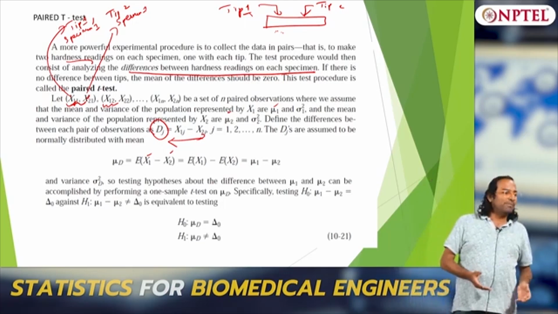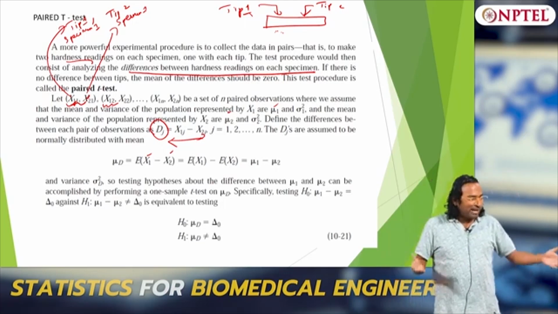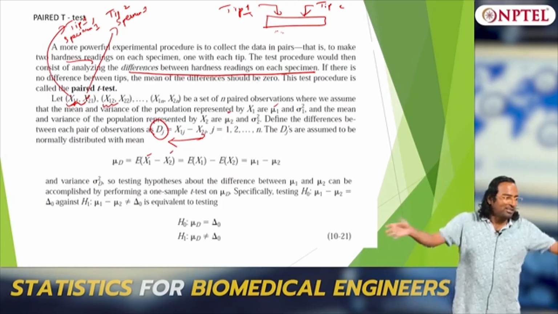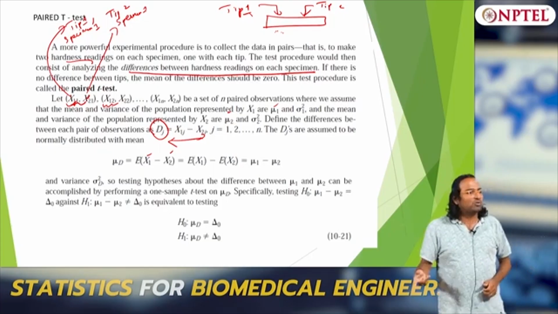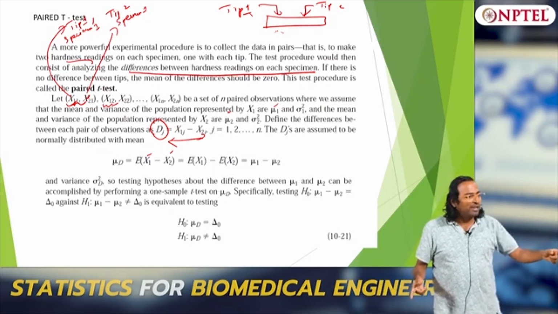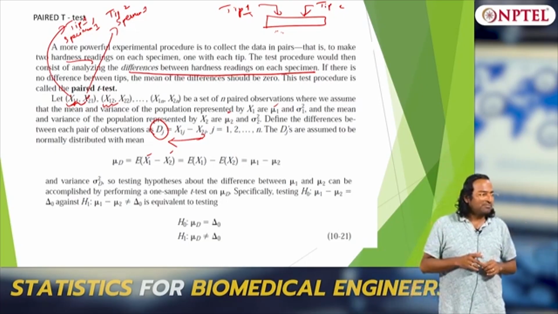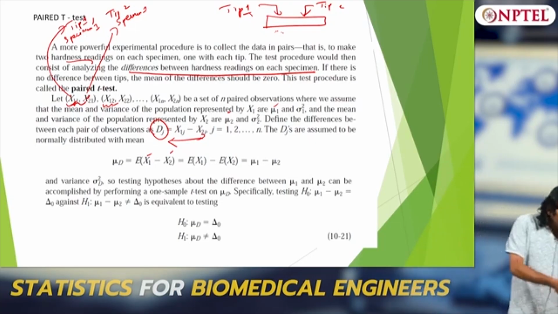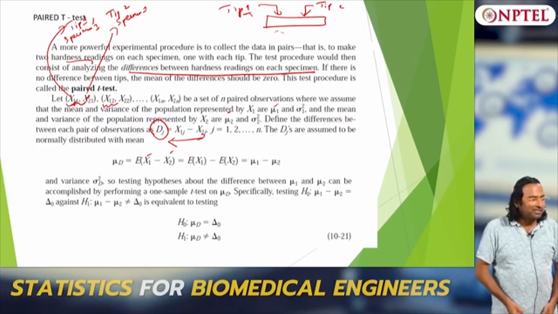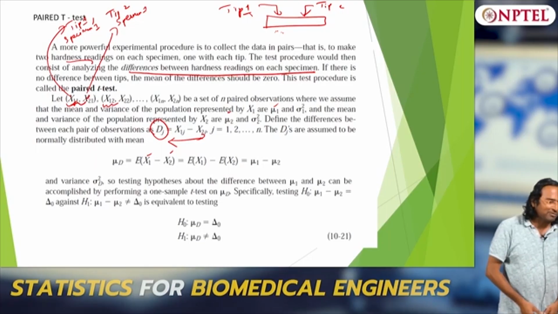X1 and X2 will be independent, right. Why, where is the question of independence, because I am not testing on the same sample. X1 and X2 will be independent. What is X1? The effect of drug 1, and X2 is the effect of drug 2 in reducing the symptom. The problem with biomedical in this case is I cannot use the same sample itself.